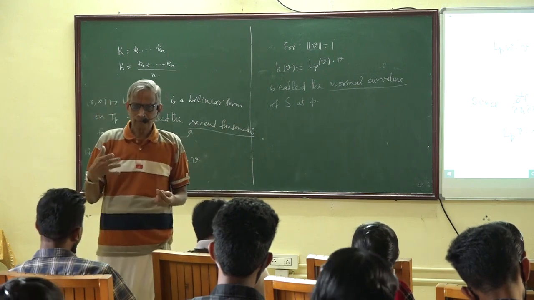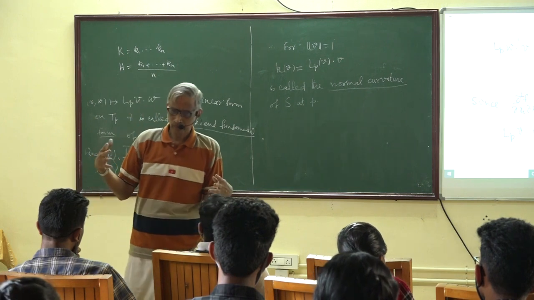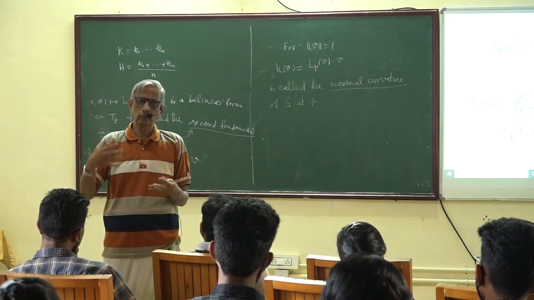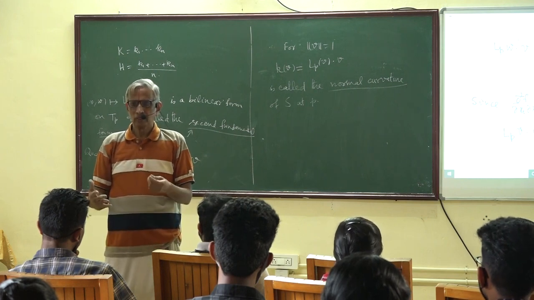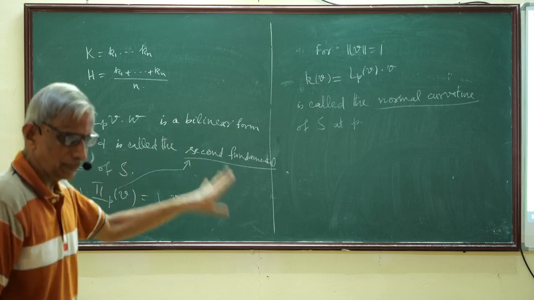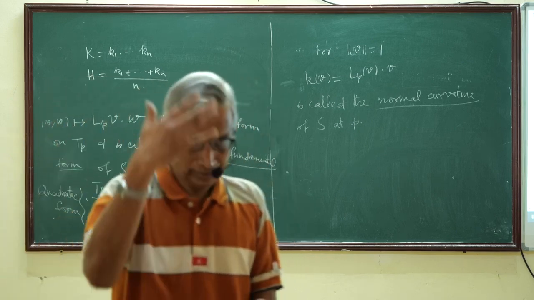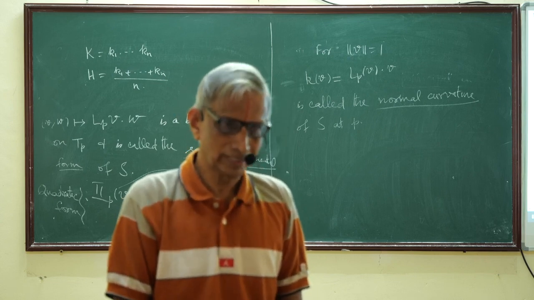So you have the surface, and you take what is called the normal section of that surface. I will come to the normal section later, but a certain section of the surface is called a normal section.